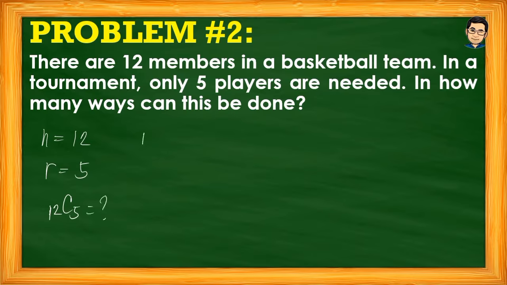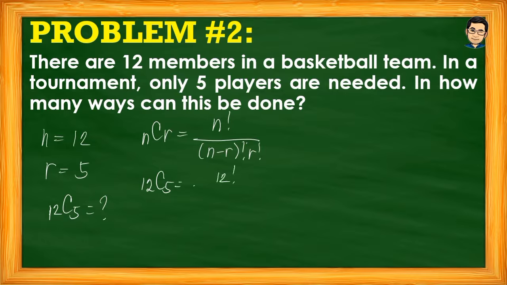So applying the formula for combination, so that is 12 taken 5 is equal to 12 factorial all over 12 minus 5 factorial times 5 factorial.